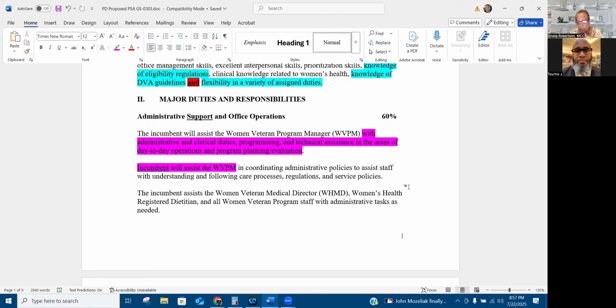So if a PSA works for a GS 15, they may be a grade 9 or a 10, because the supervisor's level is higher, so their level of work is higher also.